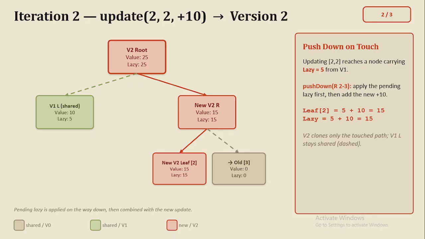Apply that pending 5 first, then layer the new plus 10 on top, so leaf 2 becomes 5 plus 10 equal to 15, and its lazy accumulates to 15 again. Only the touched part gets cloned. The left subtree from version 1 is untouched, fully shared. The V2 root value updates to 15.